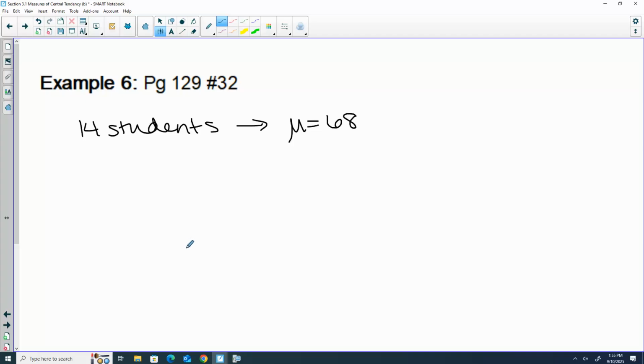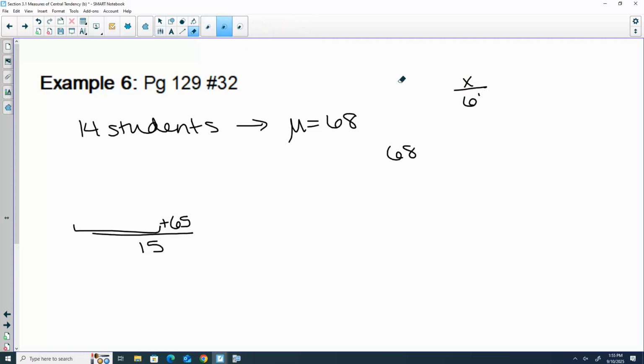Okay. Do I have the other 14 values? No. So I know to get my mean, I would have to add them all up, divide by 15, right? All I know is Danielle is 65. But I don't know these other 14 scores. Okay. Think about how we got this one. You add them all up, divided by 14, and got a mean of 68.